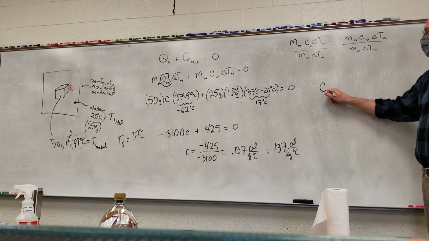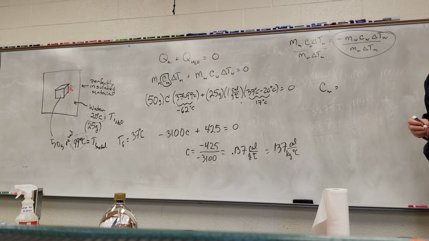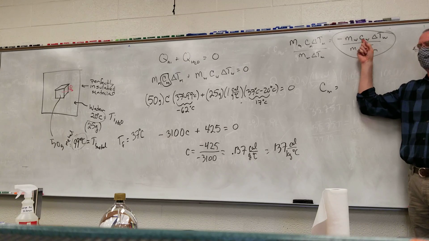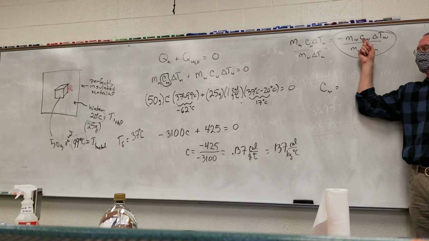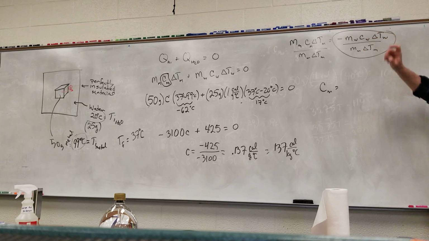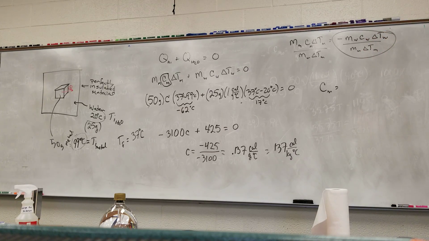And so the specific heat of the metal is that right there. I think that's the way I have it written. It's also possible that I just substituted a 1 in for C_W, but I think I left C_W there. So basically that's the math behind the lab.